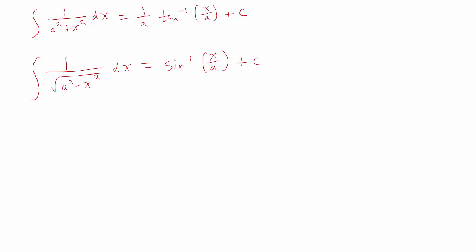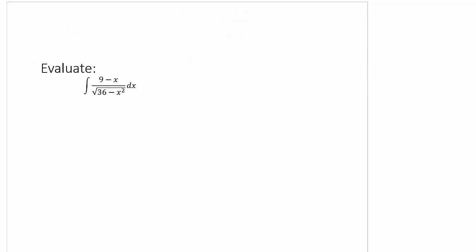And so if you see those forms, you can think of them as basic forms and simply know those instead of having to work through that substitution every single time.